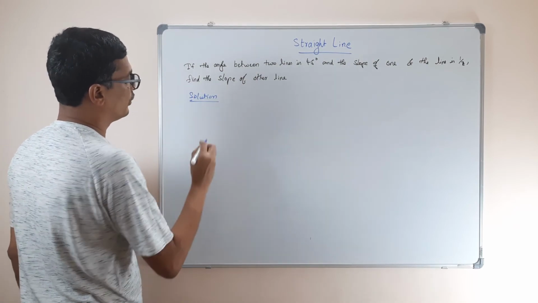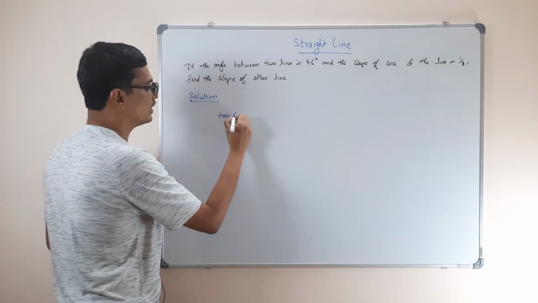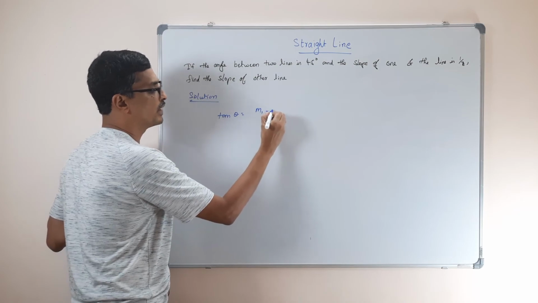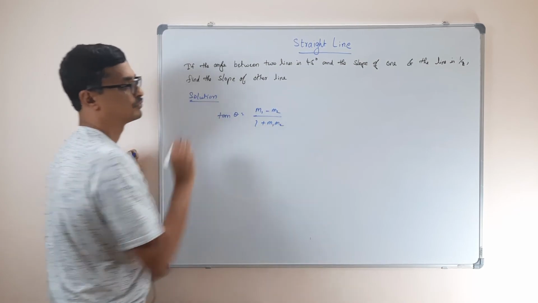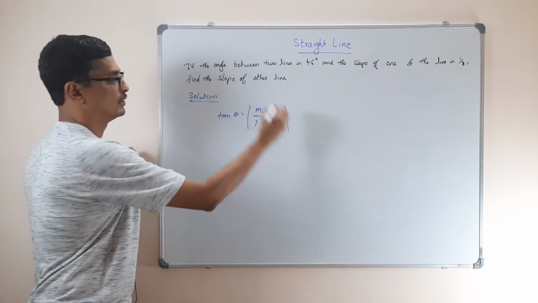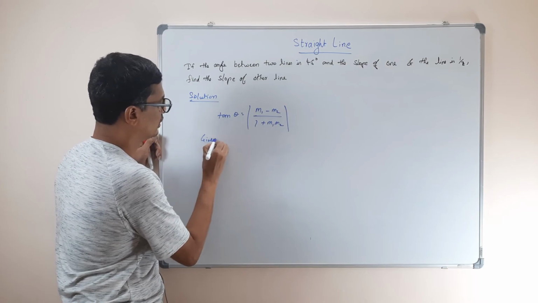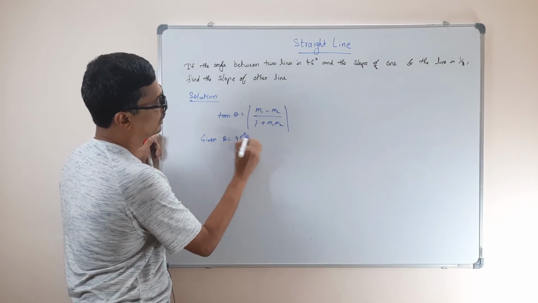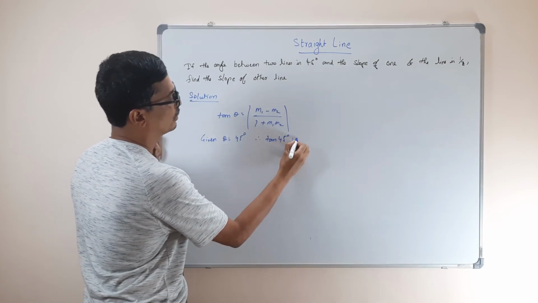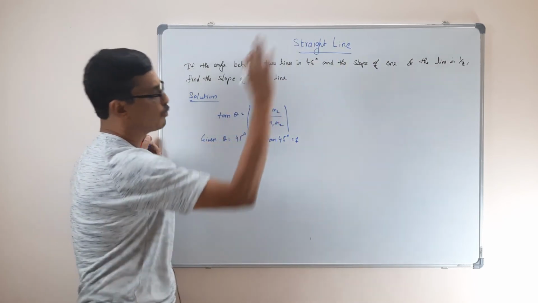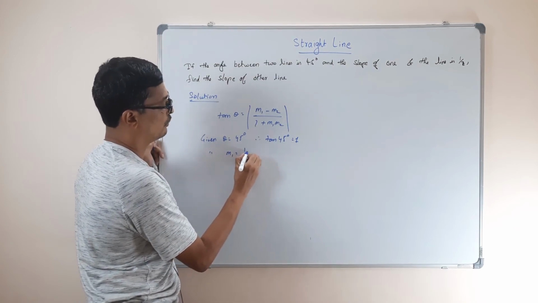So the angle, we have the formula. What is the formula? If the angle between the two lines is theta, tan theta will be what? Mod of M1 minus M2 divided by 1 plus M1 M2. Okay, mod of it is there. Given theta equal to 45 degree. Therefore, tan 45 degree is 1, right? And let us take M1, given M1 is equal to half.